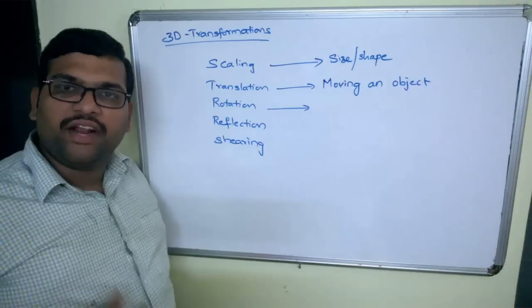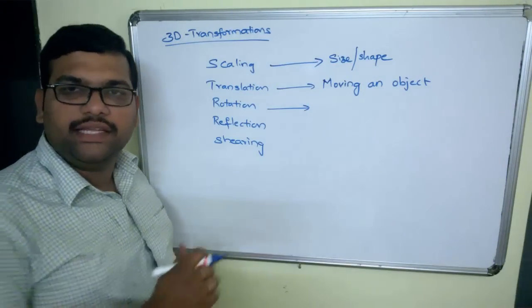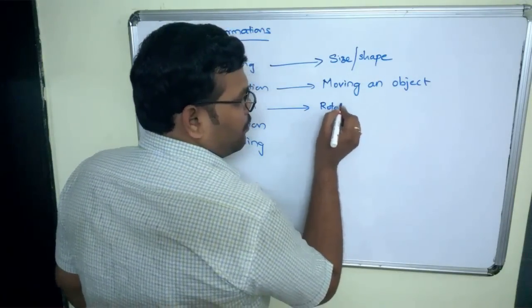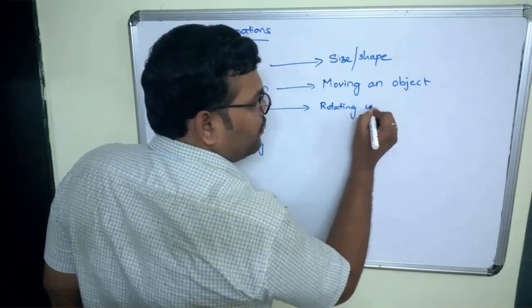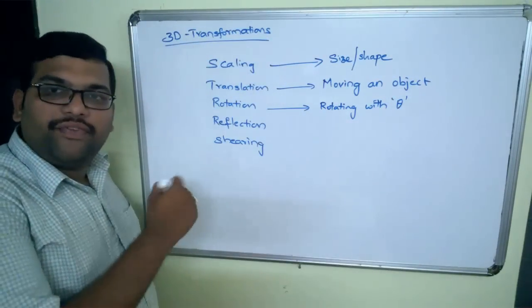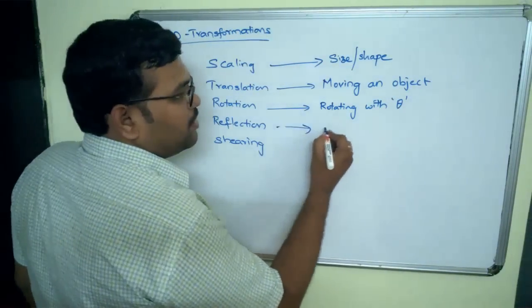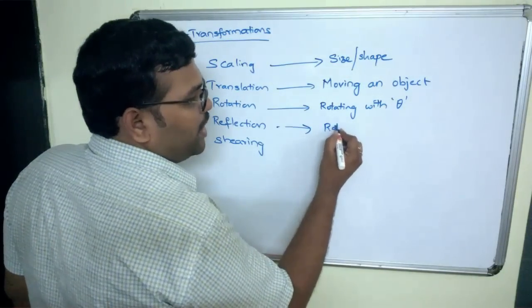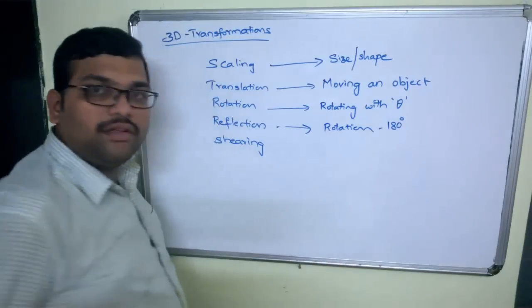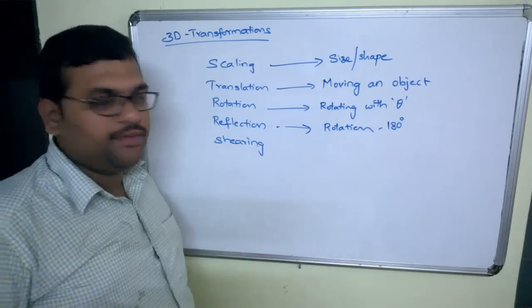Rotation means rotating an object with a certain angle theta. Reflection is nothing but rotation with 180 degrees. It's a mirror image.